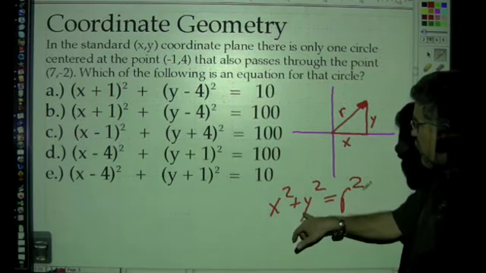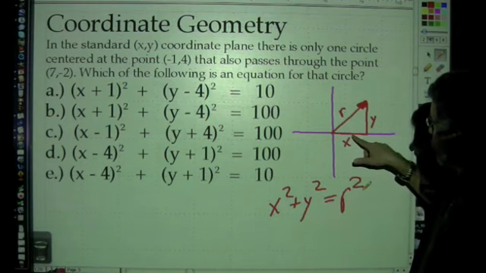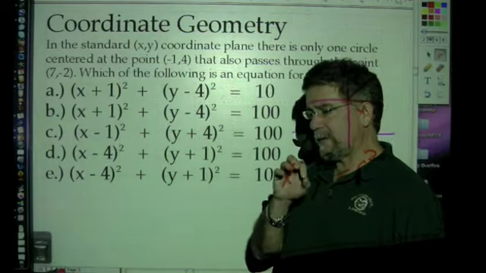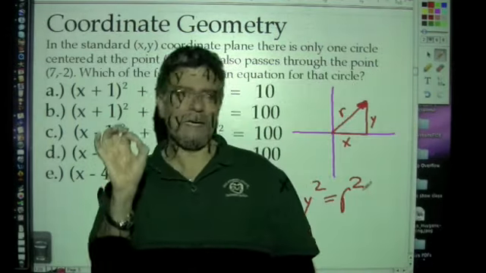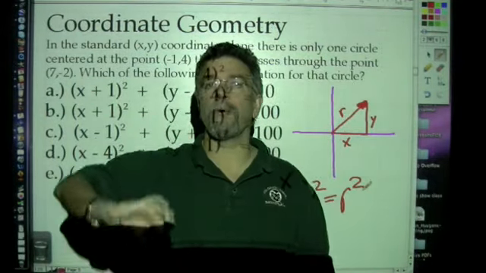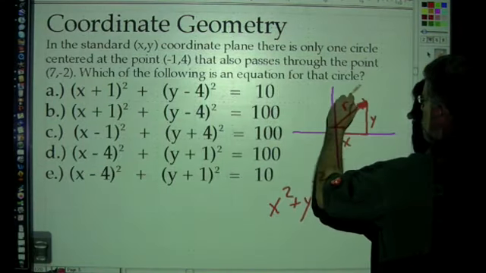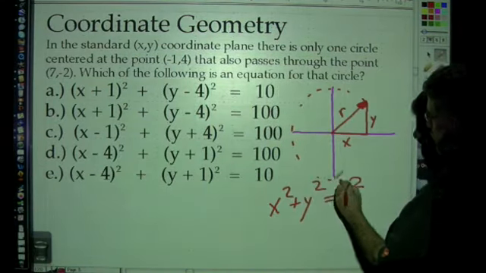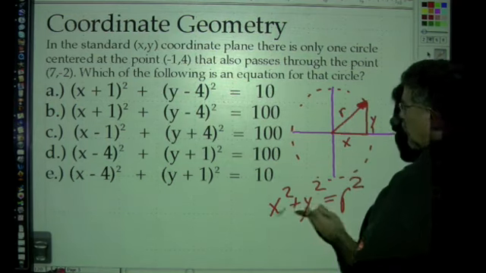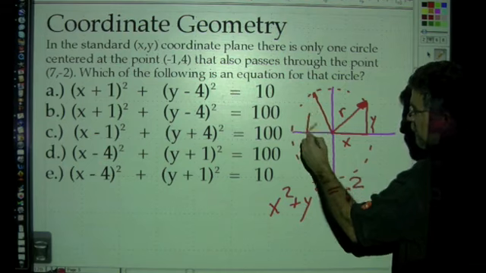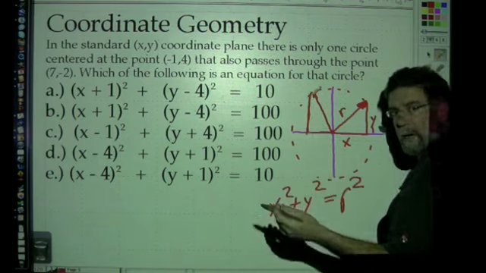If I have a 3, 4, 5, if x is 3, y is 4, then I know r is 5. That would be my first point of my circle, but I can keep that r going, that 5 going all the way around, and I could continue to find my x's and y's, a different x and y, but they would still be related by the Pythagorean theorem.